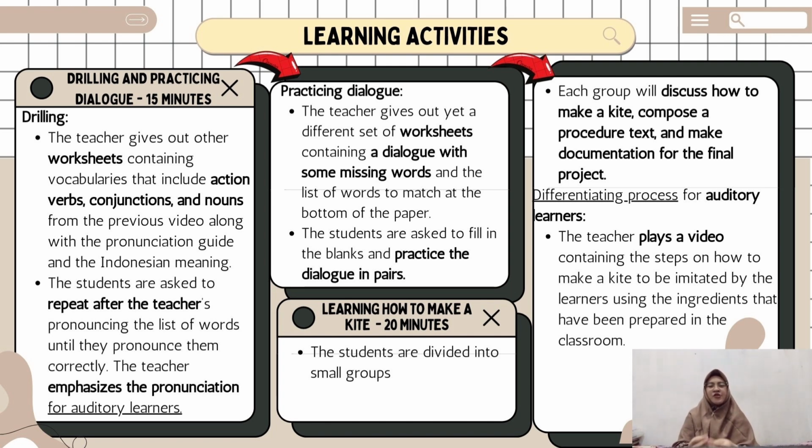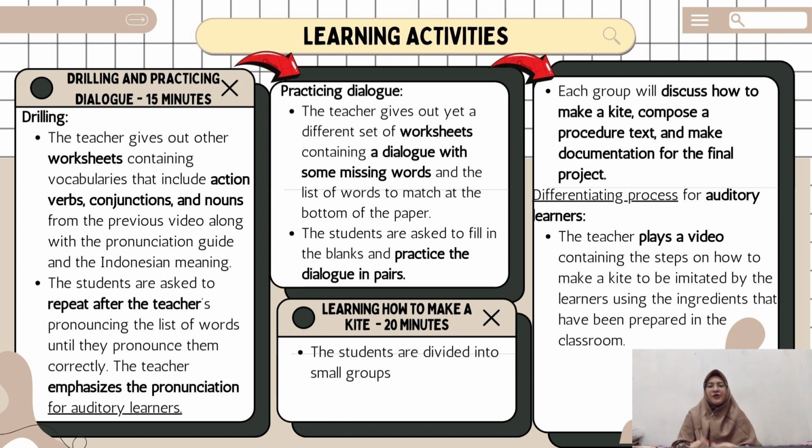Next is learning how to make the kite. The students are divided into small groups. They will discuss how to make a kite, make a procedure text, and make documentation for the final assignment. To learn how to make a kite, the teacher will play a video and ask the students to imitate the steps shown in the video, while using the ingredients that have been prepared in the classroom.